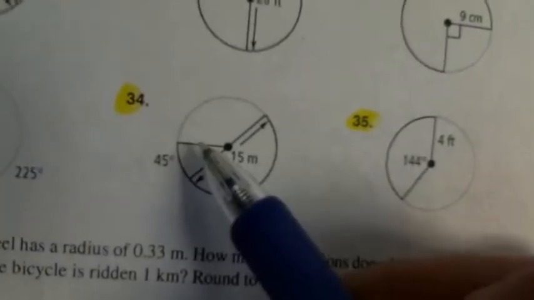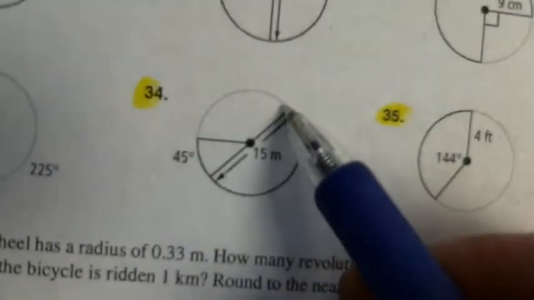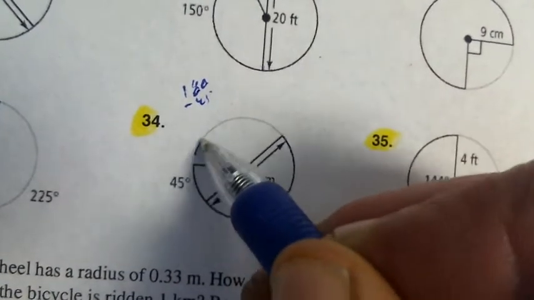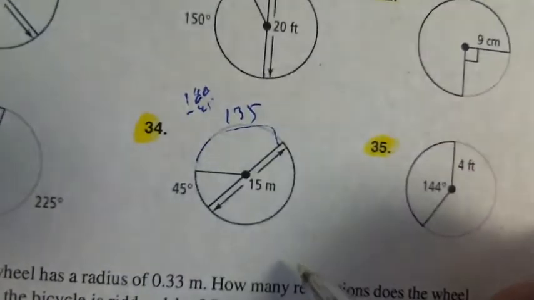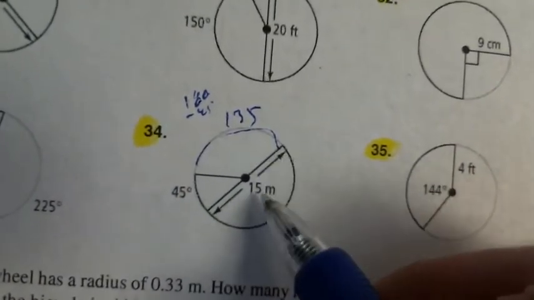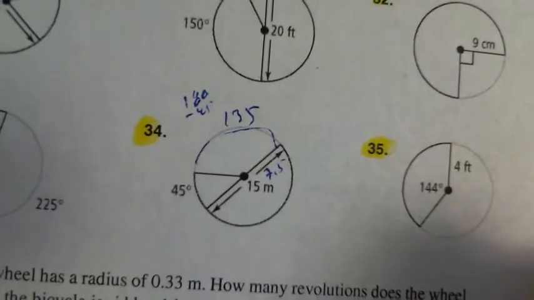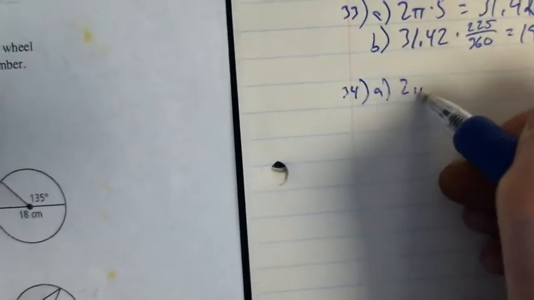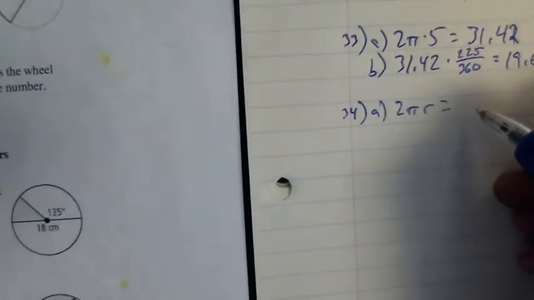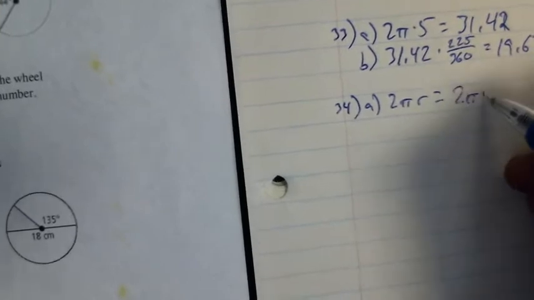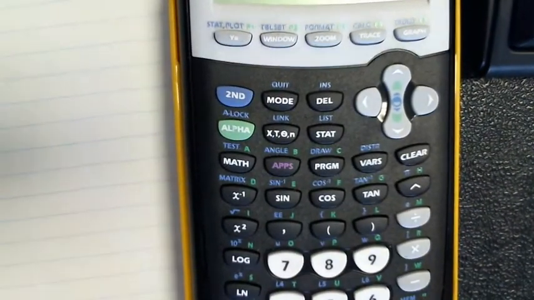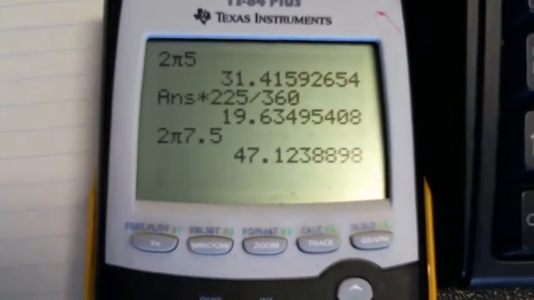Number 34. This is 45. Half of this would be 180. So 180 minus 45 gets us 135. So 15 in diameter. Half of 15 is 7.5. So our circumference is going to be 2 pi times our radius, which is 2 pi times 7.5, 47.12.